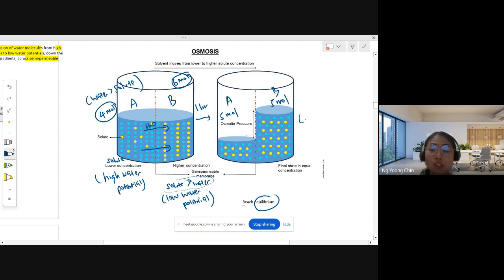You can imagine that the water will dilute the solute. This will cause the reduction of the molarity from 6 to 5. Yeah, so this is the story. I hope that you can understand.